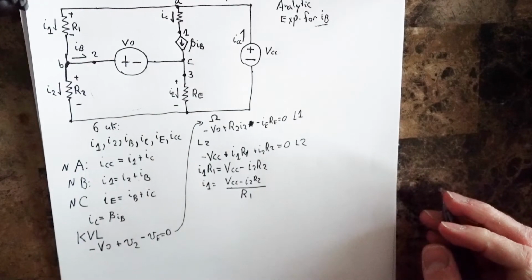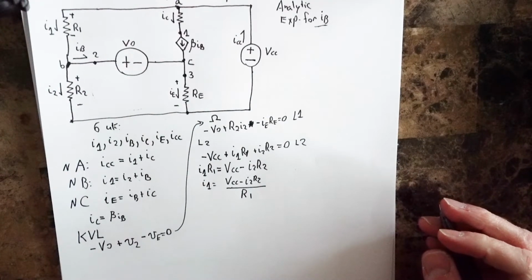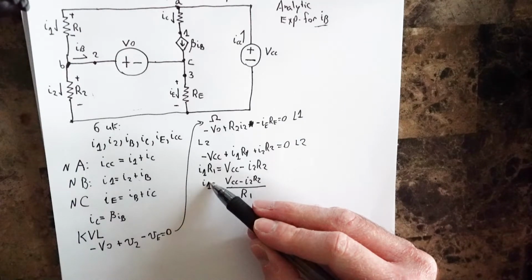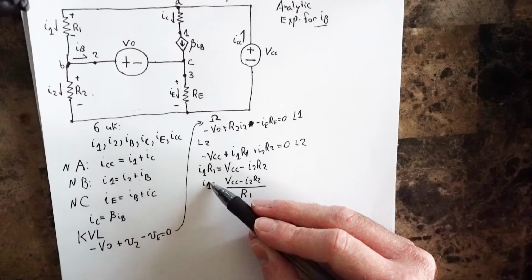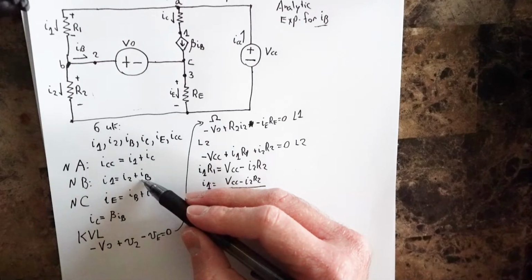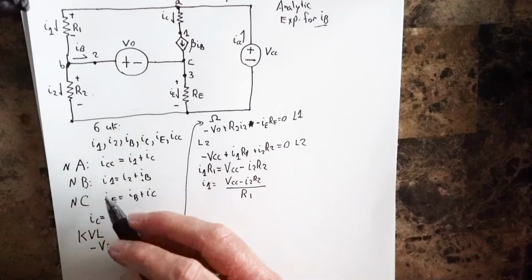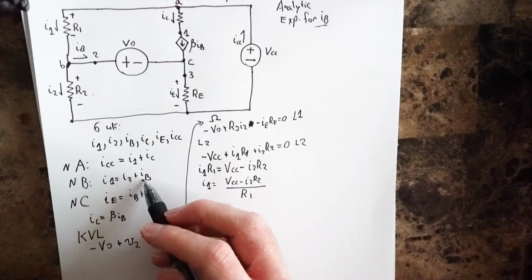Okay, now let's plug this back in. Let's try and get close here and get back to node B, so that we know that I1 is equal to I2 plus IB.